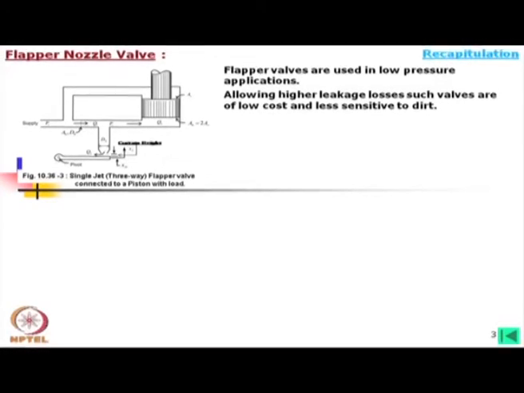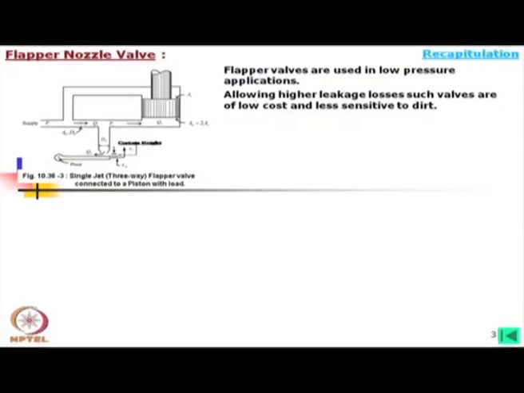In case of a servo valve, where these components are almost matched parts, the sleeve diameter and the spool diameter are made such that we get minimum leakage loss and very high sensitivity in flow. In that case, if dirt comes in between, either it will damage the spool or the whole operation will be stopped due to these dirt particles.